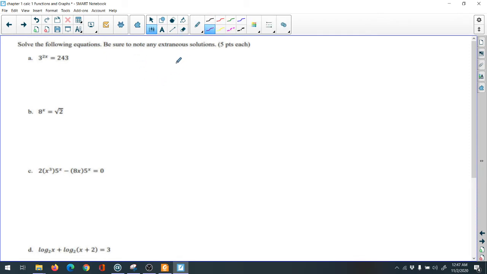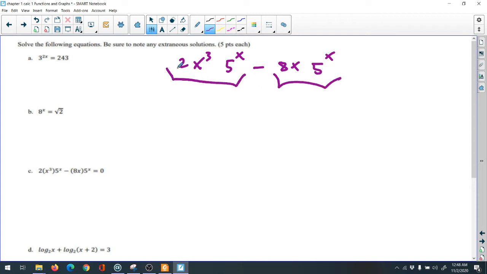Question C. Given 2 times x to the third, 5 to the x, minus 8x, 5 to the x equals 0. You see, I repeated 5 to the x between this item and this item.